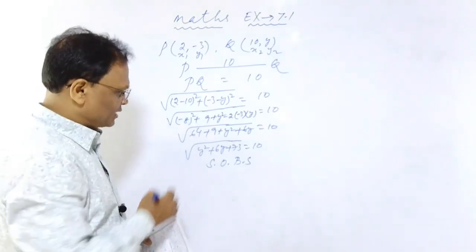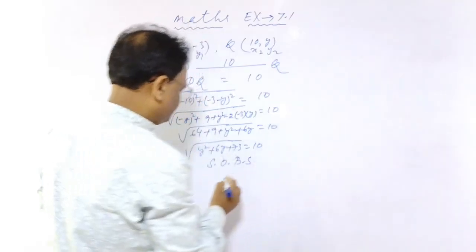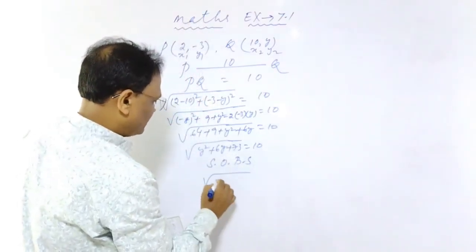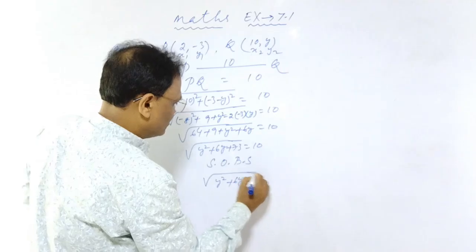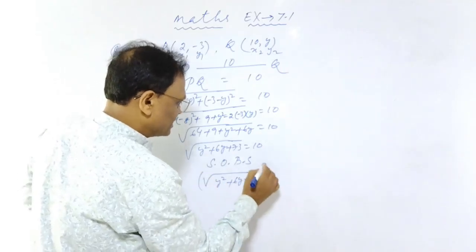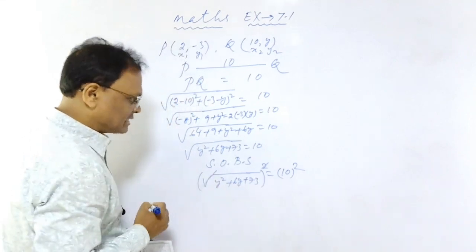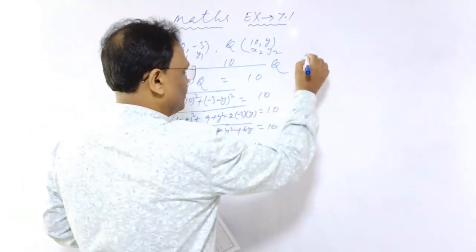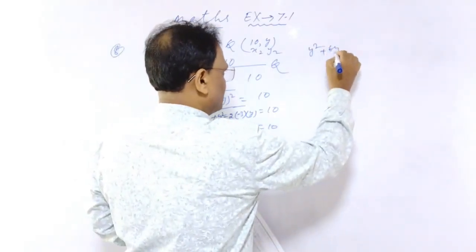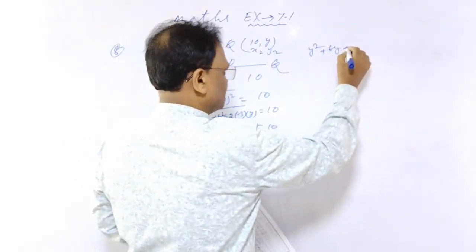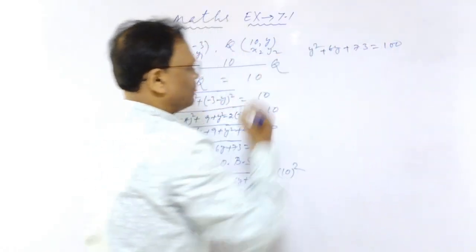On the left side the root will cancel, so y square plus 6y plus 73 equals 10 squared, which is 100.